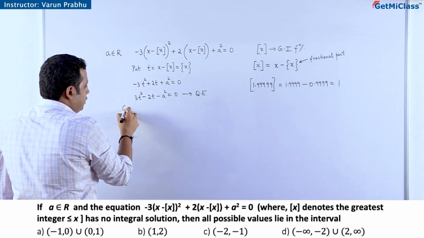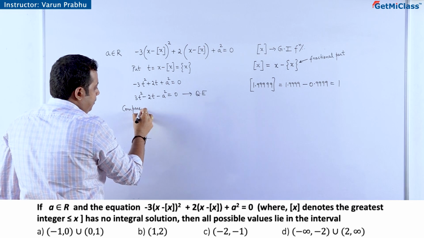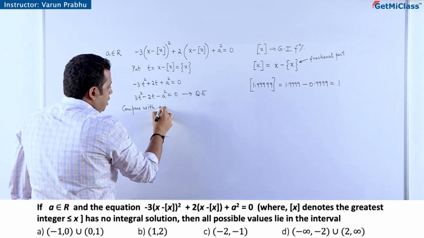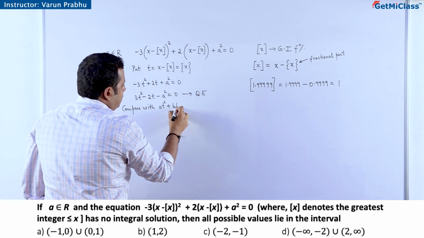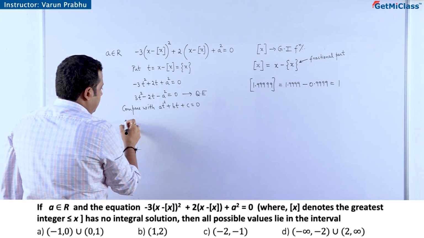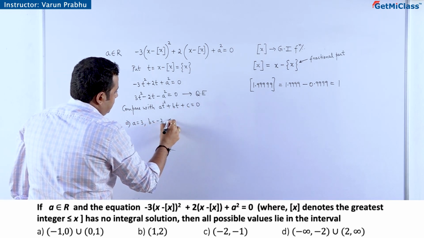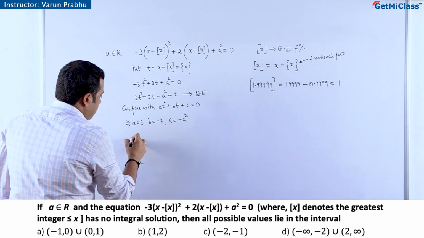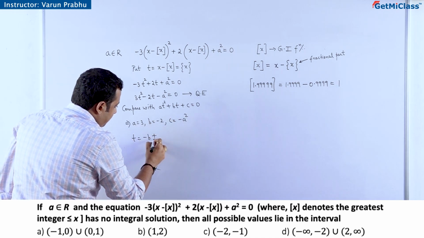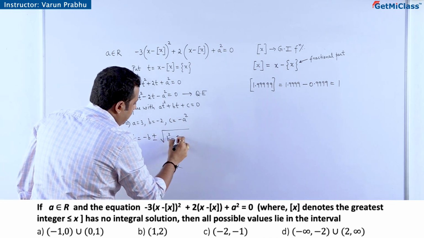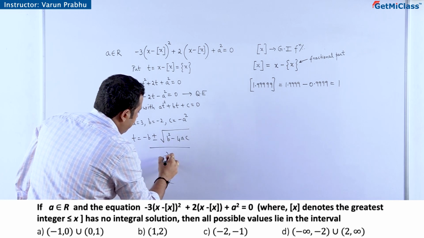So if it's a quadratic equation, we'll compare with the standard quadratic form, at square plus bt plus c is equal to 0. This implies a is equal to 3, b is equal to minus 2, c is equal to minus a square. So t is equal to minus b plus or minus square root of b square minus 4ac, divided by 2a.